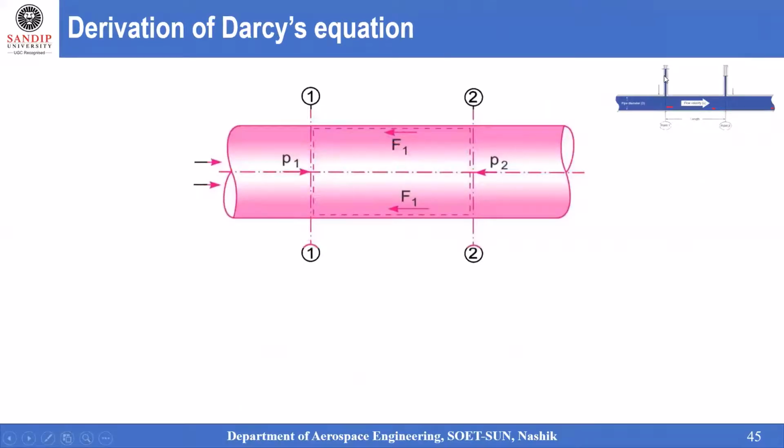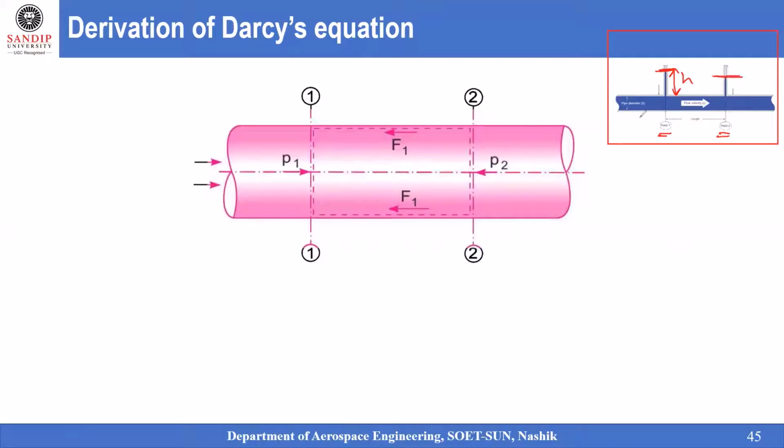So here, if you see in this image, we are going from point 1 to point 2. There is a pressure loss that has happened inside this pipe. Here you see that the piezometer is collecting up to this height, H, being raised.